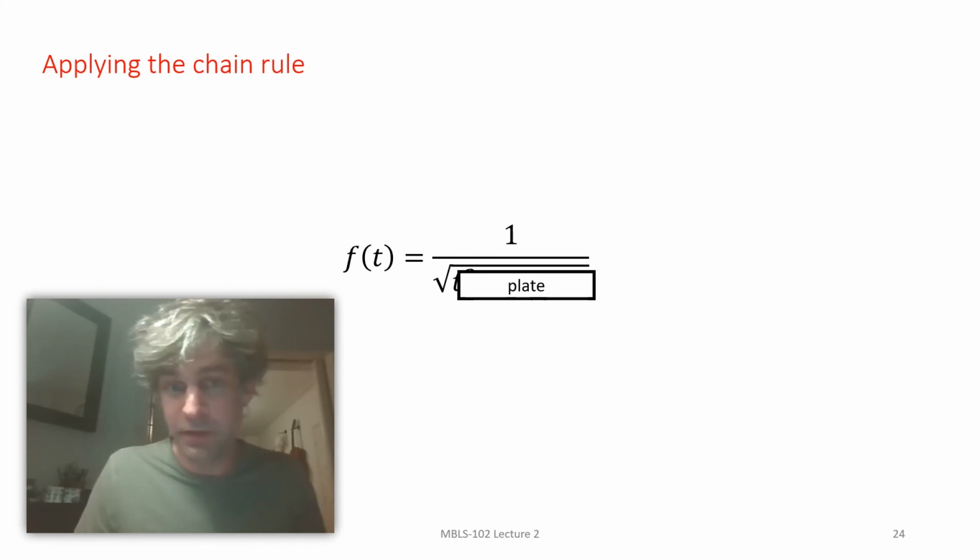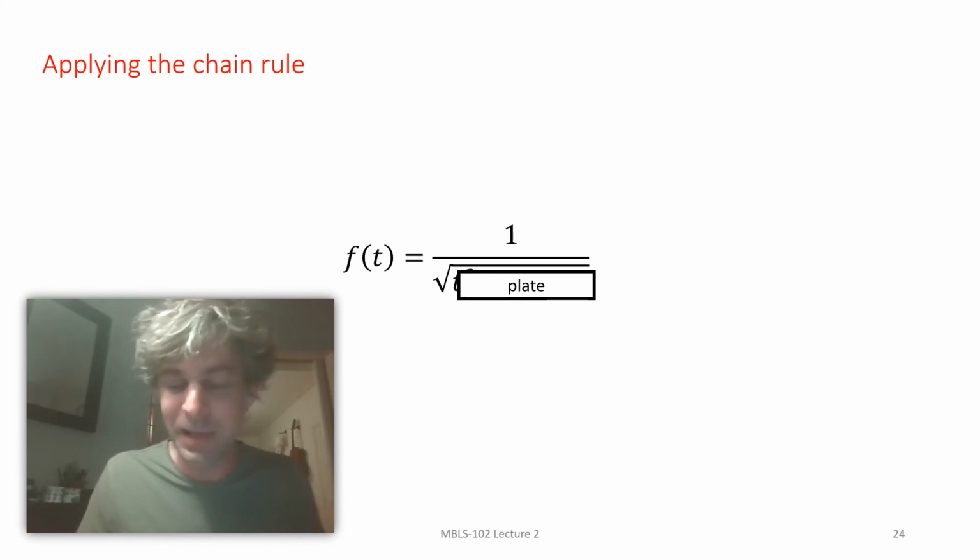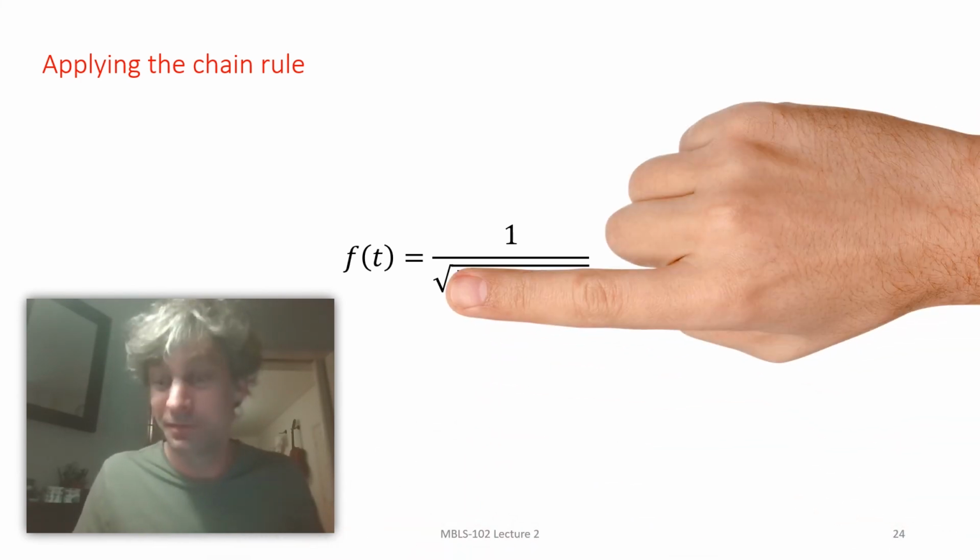So it's 1 over the square root of something. Okay, so that's useful. Now you know the outer function and you know the inner function. Of course, you don't walk around with little rectangular plates all the time, but actually a finger does the job very well. So let me show you in what's next how to then use this in the chain rule.